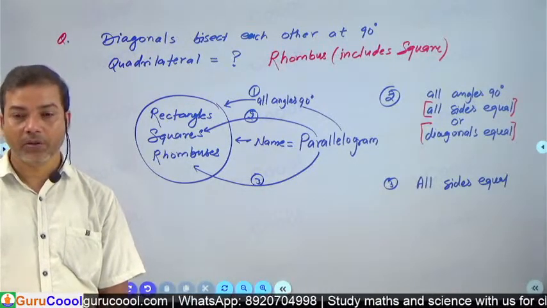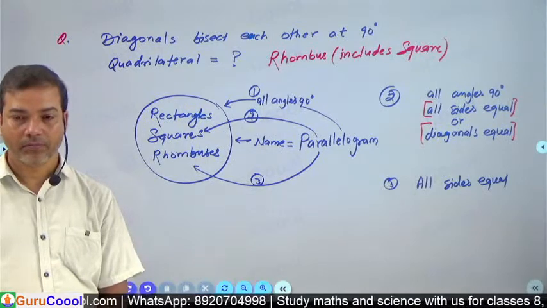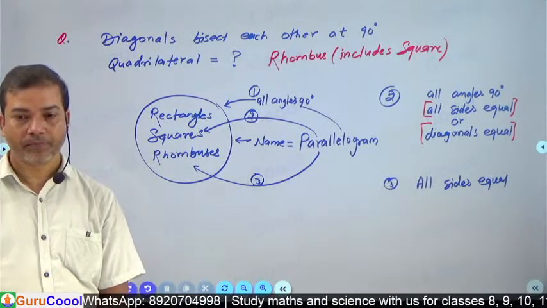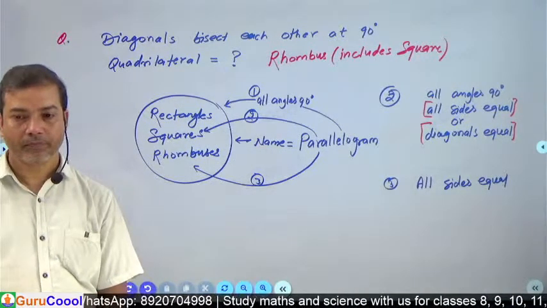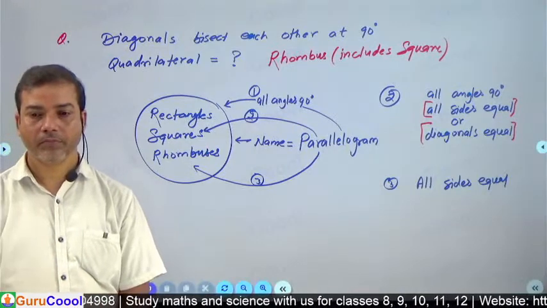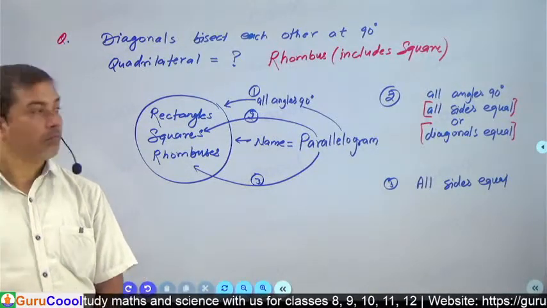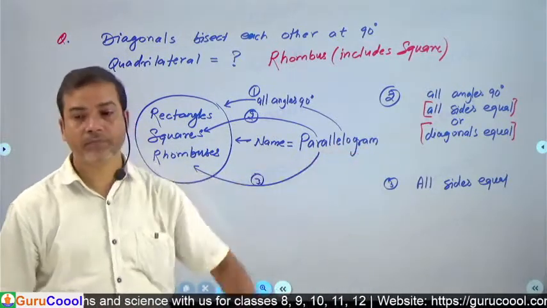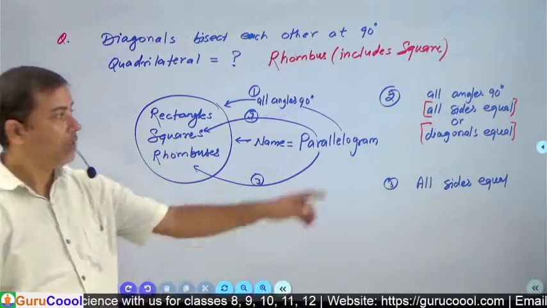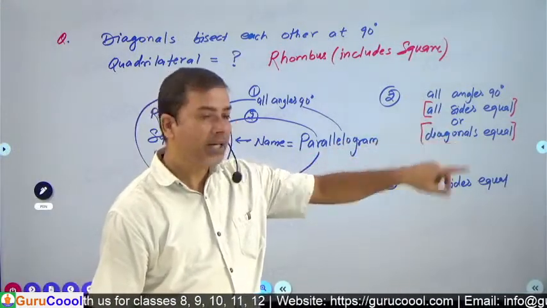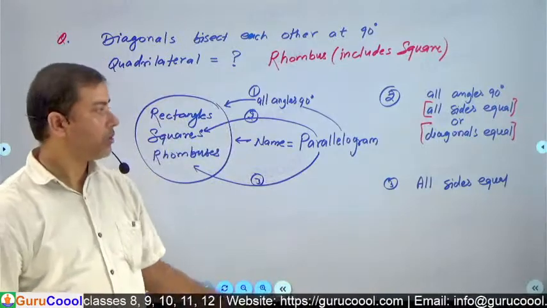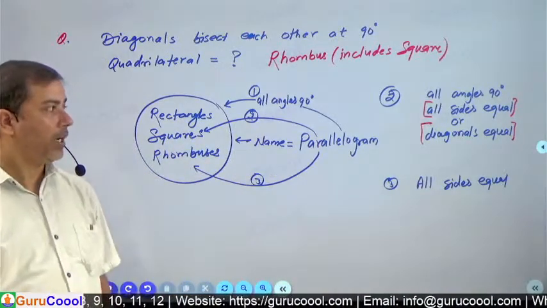If I don't allow all sides equal, then diagonals are equal. If I don't allow all sides equal, then you can take diagonals equal. Then also the parallelogram will become a square.